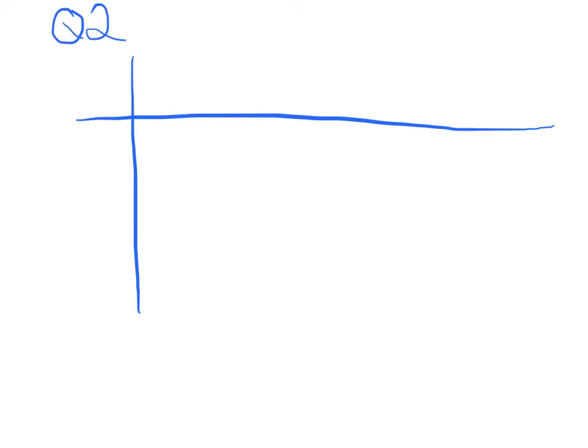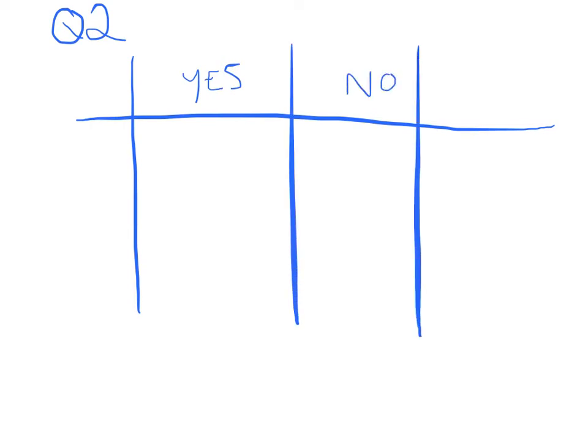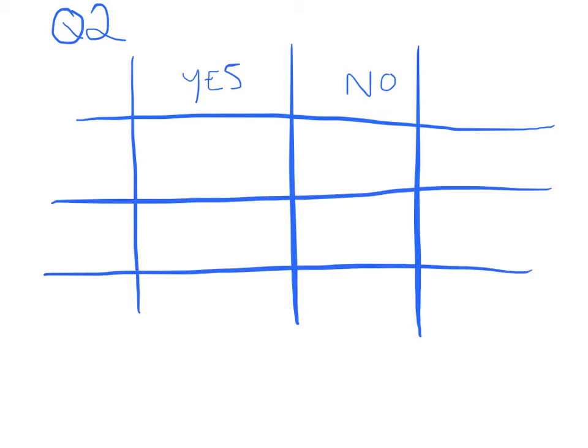So in terms of do you enjoy shopping, we've got yes and we've got no. So we can create a column for each of those, and then we can use the rows for gender. So we've got female, we've got male, and I've put in some rows and columns so I can do the total as well.